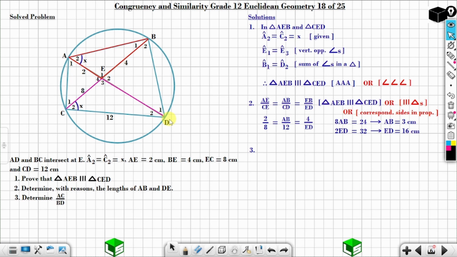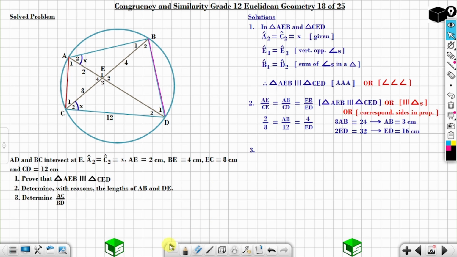You can see we have to use other triangles. We need AC, and we need BD.